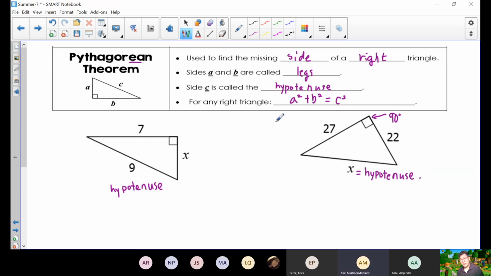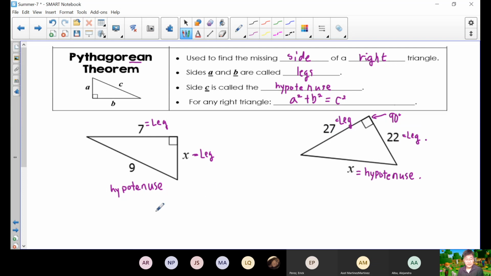And this is what? Leg. And this is leg. So leg square plus leg square equal hypotenuse square.